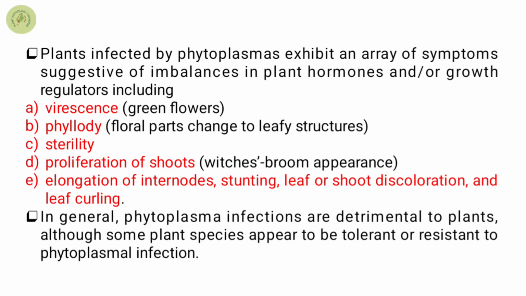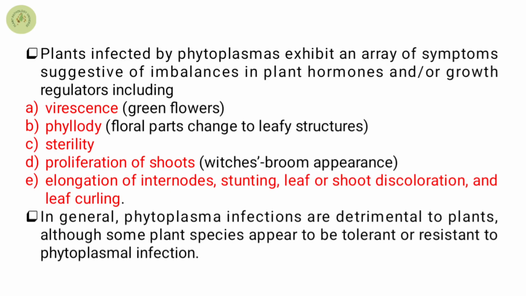The next symptom is witch's broom, which means there is a proliferation of shoots at a certain common point. The next are elongation of internodes, stunting, root and leaf discoloration, leaf curling, etc. These are all symptoms caused by phytoplasmas.